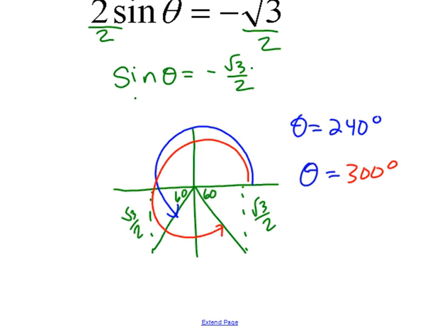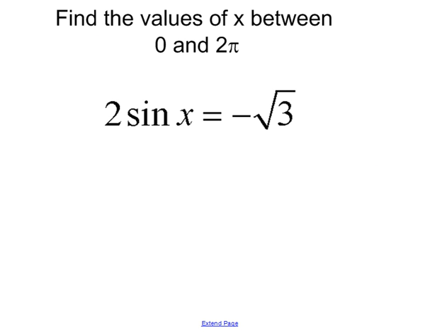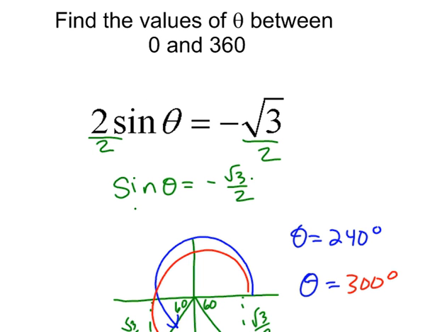All right, taking that same exact question, answer it in radians. Again, divide by 2. There's no different work here. You're just basically converting your answers of 240 and 300 into radian measure.